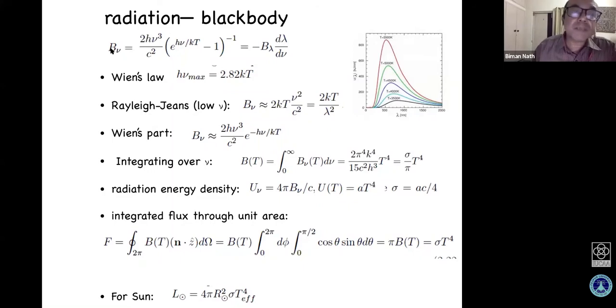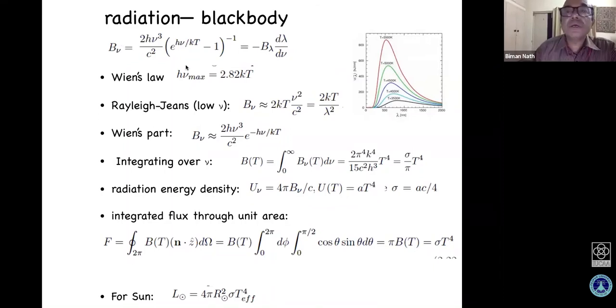So this B, capital B nu, is nothing but the I nu we had earlier, but for the particular case of a black body. That's all. So we know the units. This is energy per unit time, per unit length square, per unit hertz, per unit steradian. We should keep these units and dimensions in mind, so that we know what this parameter is.